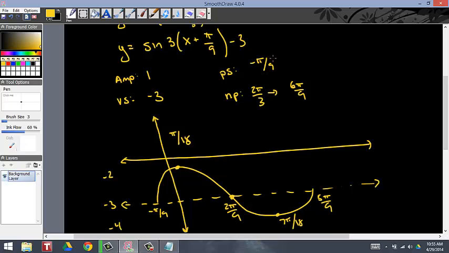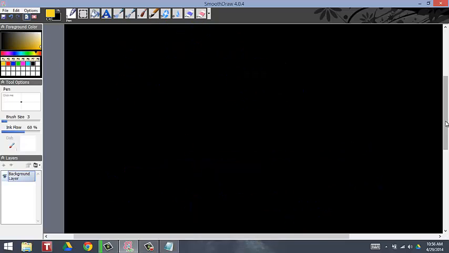It has to match the phase shift, or at least you want it to. I matched my period by multiplying the top and bottom by 3 so that it would match the phase shift. Cool.